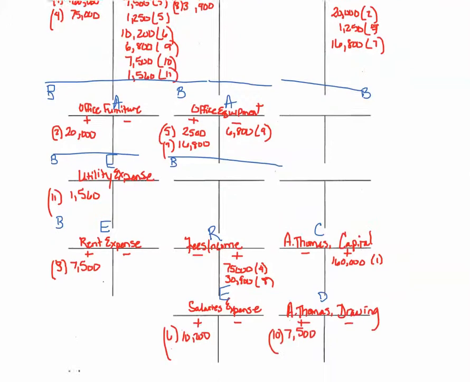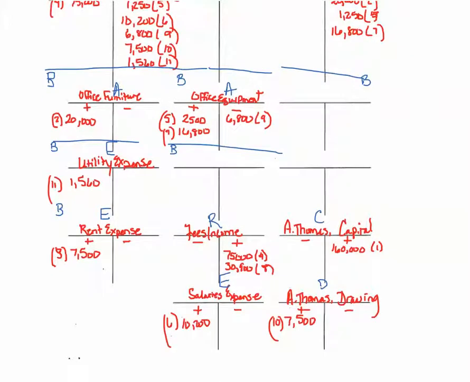And fees income is going to have the balance on the right-hand side. Capital will have the balance on the right-hand side. Drawing will have the balance on the left-hand side. And our salaries expense will have a balance on the left-hand side. So instead of writing like a kindergartner, I'll just say what I mean.